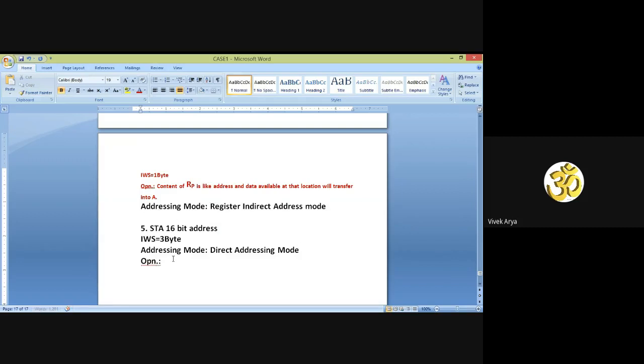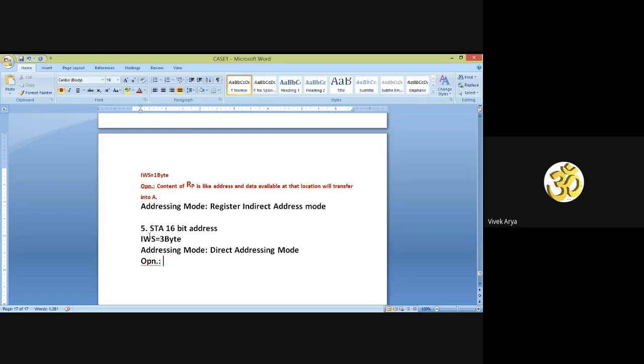If we talk about the operation, can you tell me the operation? The content of the accumulator is transferred to the memory location. Yes, exactly.